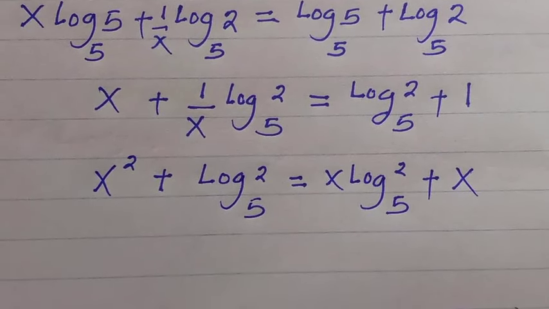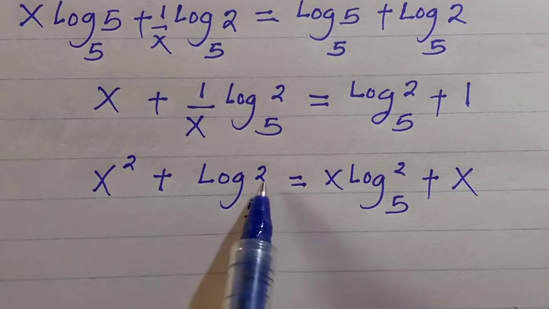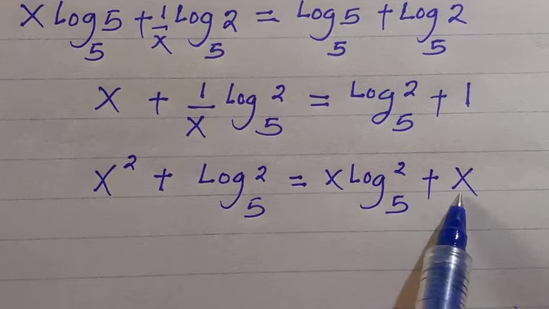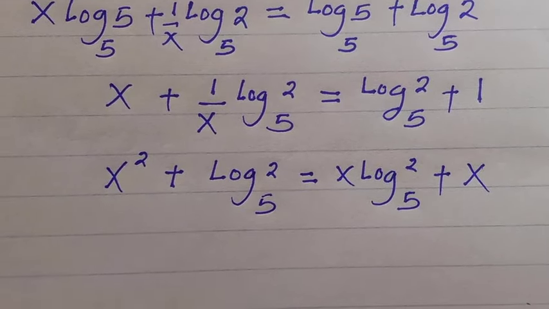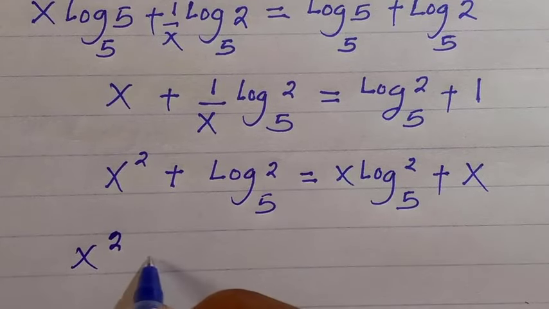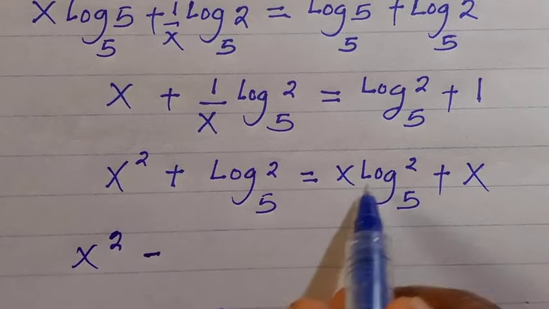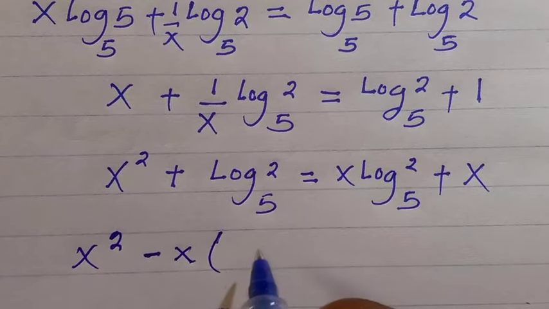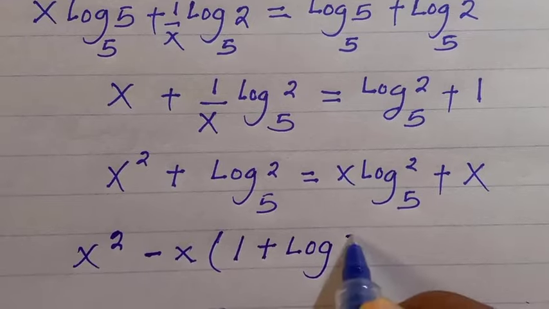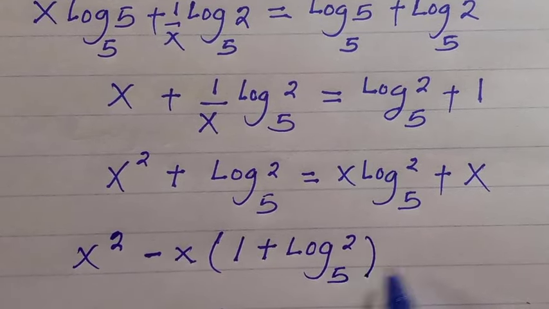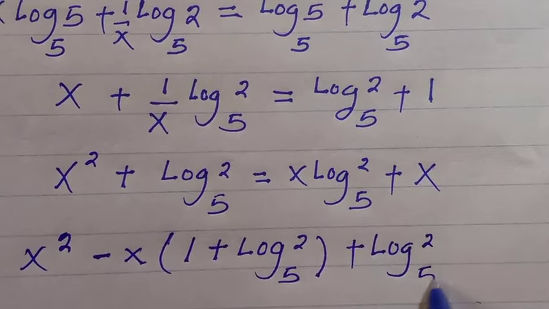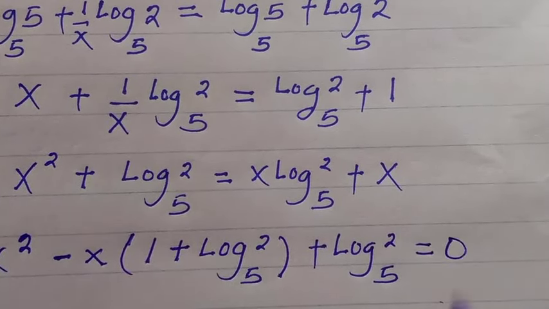Here we have log 2 base 5 and x, so by taking the whole of this to this side, we have x squared minus, when we factorize out x, the inside becomes 1 plus log 2 base 5, plus log 2 base 5 equals 0.